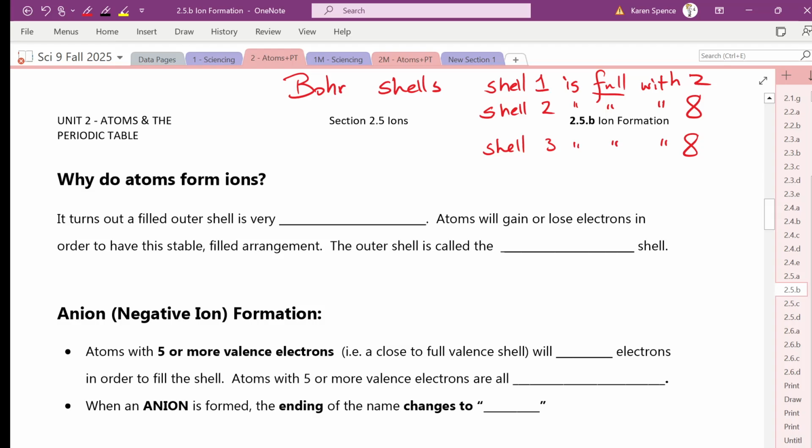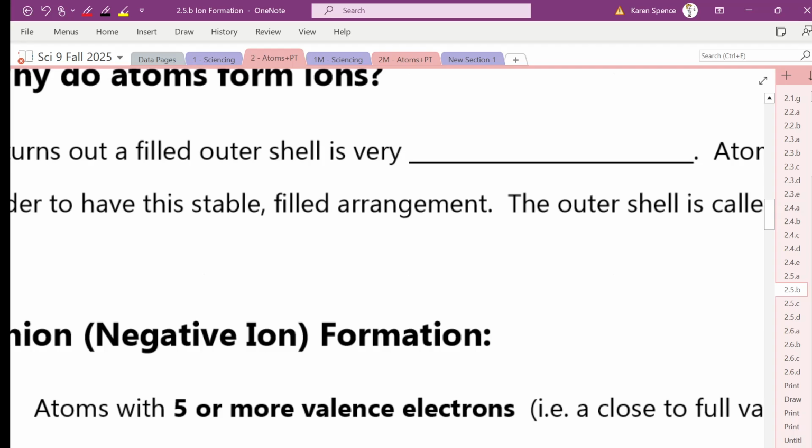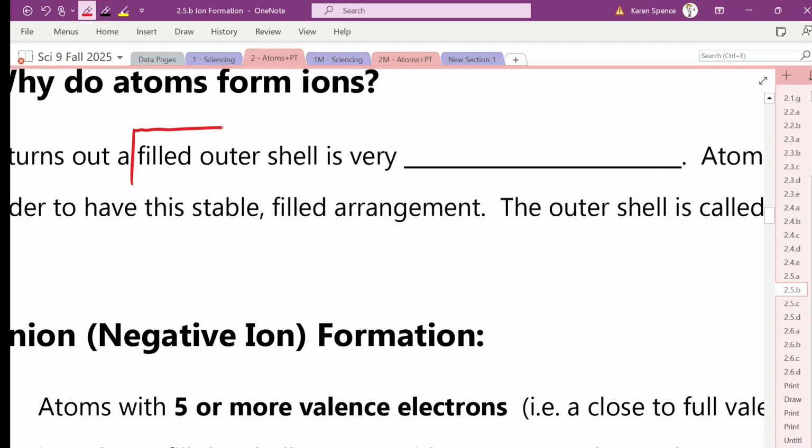But what it turns out is that if you fill up an outer shell, so if you have a 2 on the first shell, or if you have an 8 on the second shell, or 8 on the third shell, that is very, very stable.